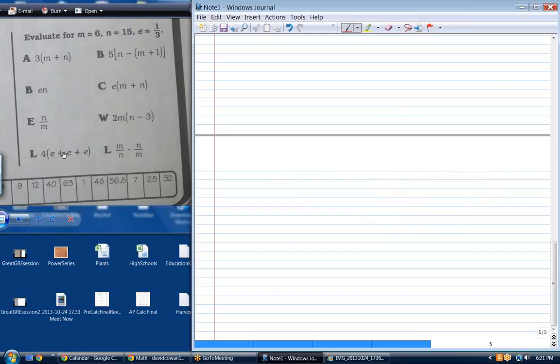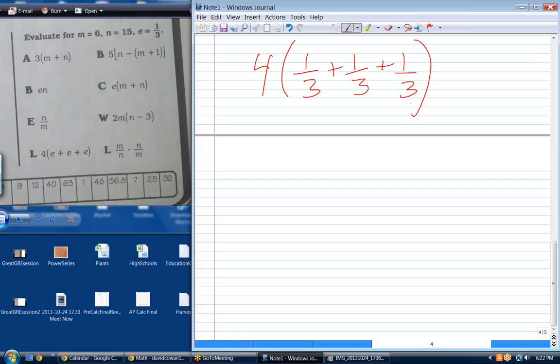4 times 1/3 plus 1/3 plus 1/3. What is... You have to find a common denominator? They already have it. 3. So how do we add those? That'd be 4 times 3.